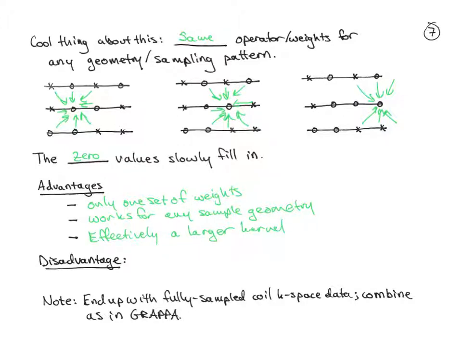The disadvantage is that it's iterative, which translates to computationally slow. And in the end, just as in conventional GRAPPA, you end up with fully sampled coil k-space data, and you can combine them using any multi-coil combination method, just as in GRAPPA.